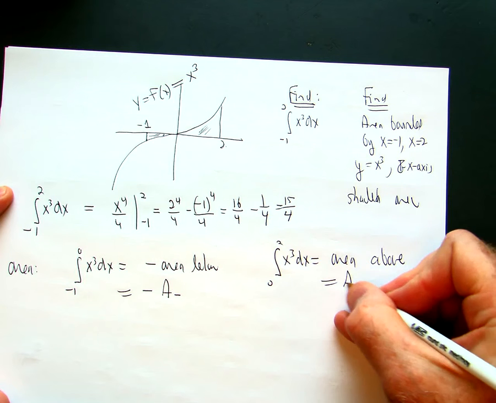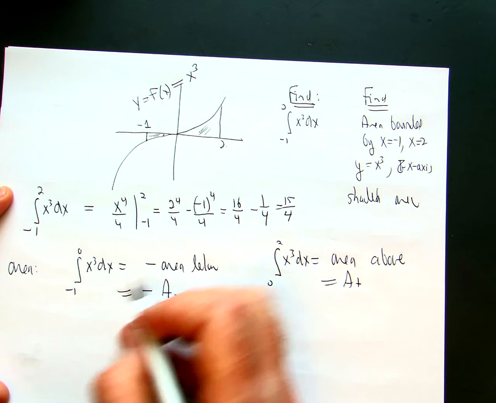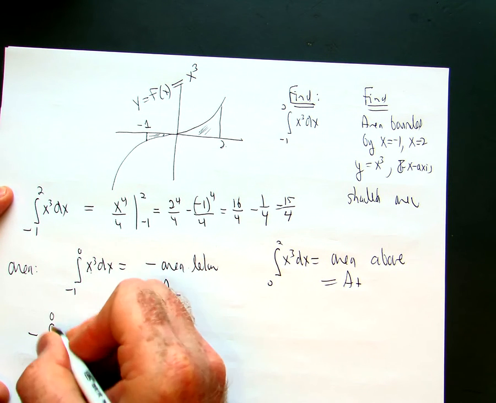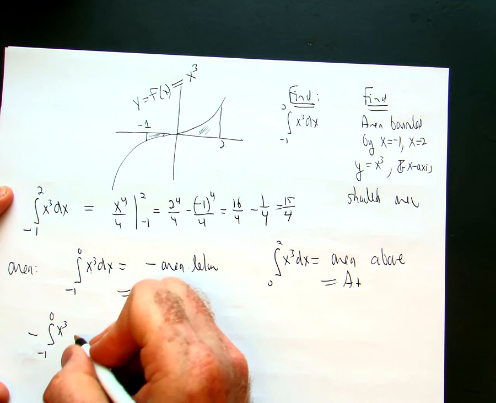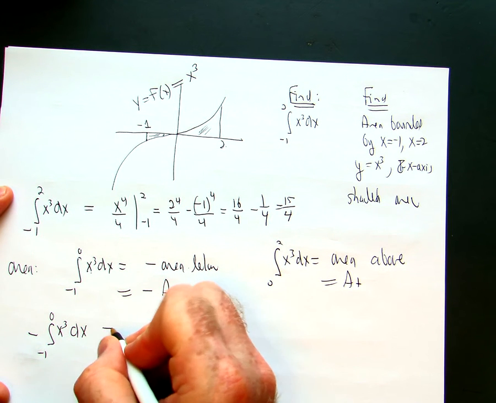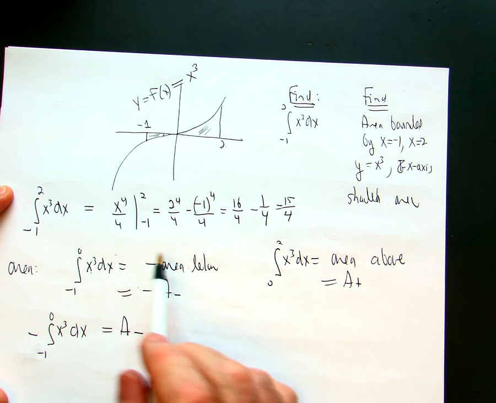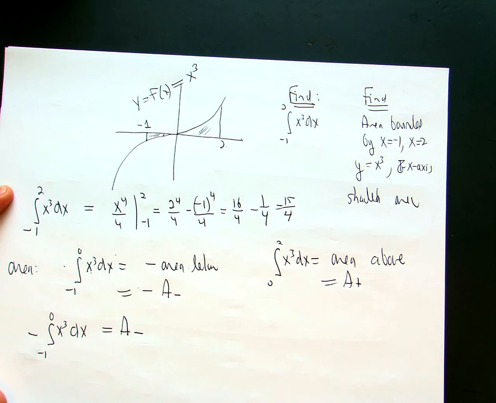In other words, a plus. So if this is going to give me the negative area, then this will give me the positive area, right? Multiplying both of these, this by minus and this by minus, a double minus makes it positive.